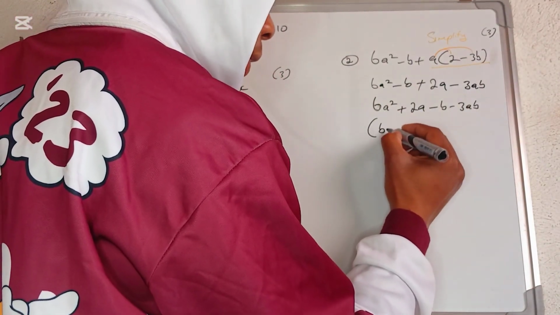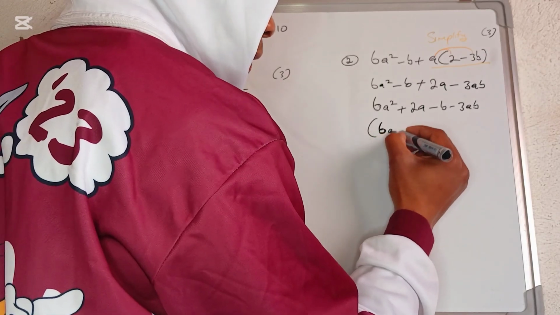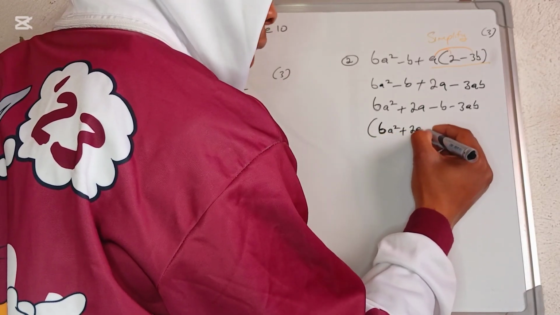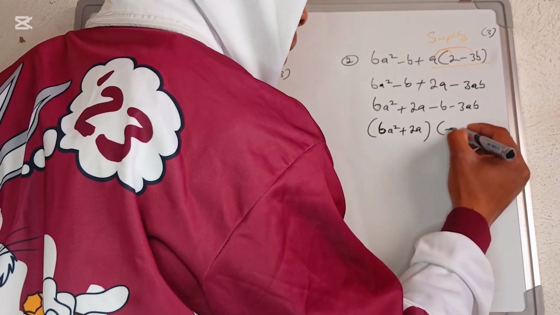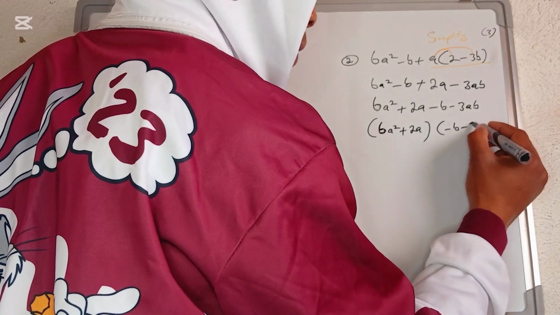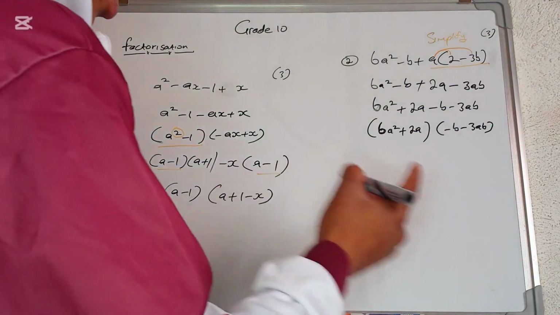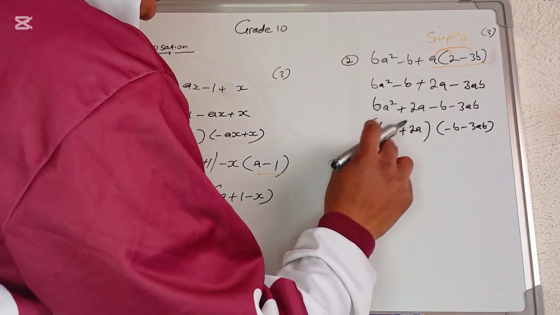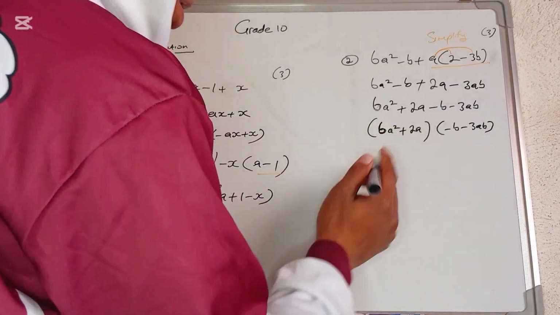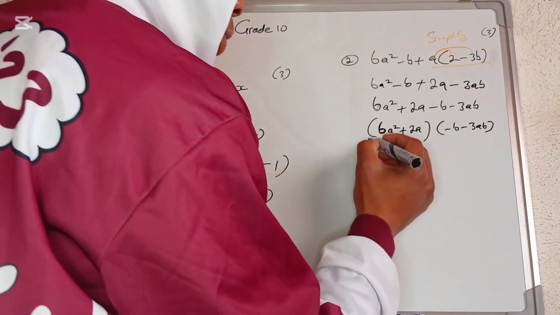We're going to have 6a squared plus 2a, close bracket, open another one, negative b minus 3ab. After you have done this, you take out the common factor. The only thing that is common here is 2a. So you're taking out 2a as a common factor.